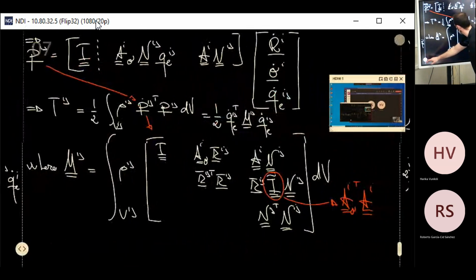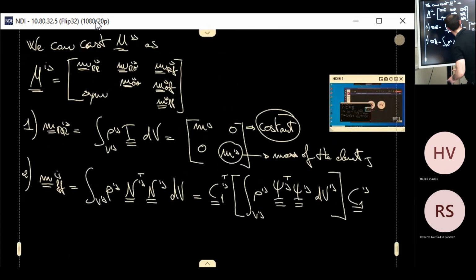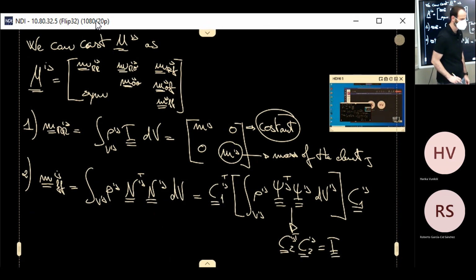So all of this to say that in here, you should get a C2 transpose applied over C2, which is the identity matrix.